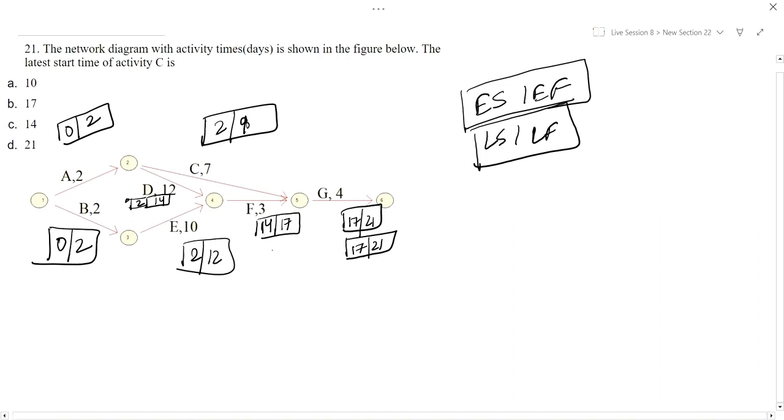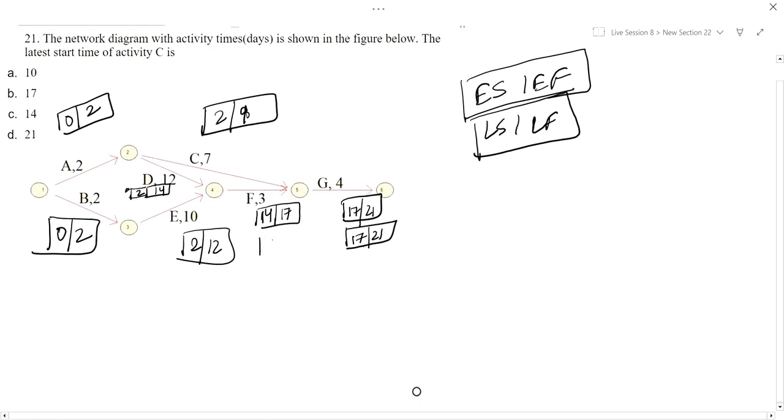Now backwards by taking activity F, we will see the late start and late finish time is 17, since we will take into account the nodes going out of this activity.